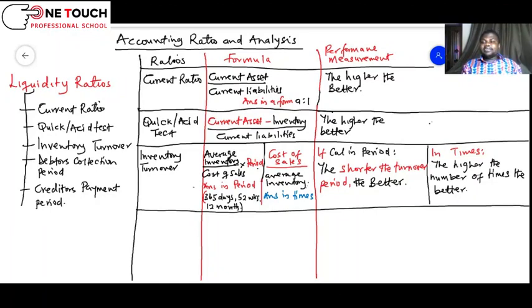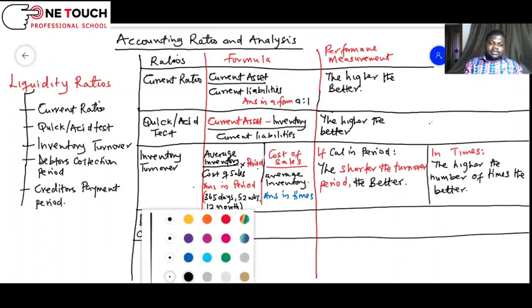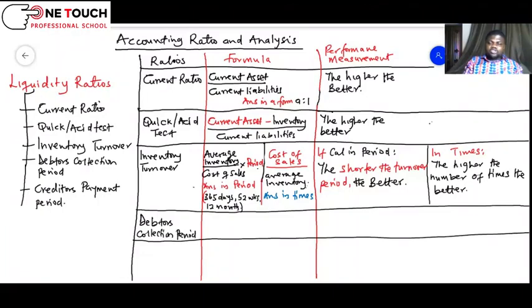Debtors collection period. Under the debtors collection period, we are just looking at average debtors. So when we talk of average debtors, we are looking at opening debtors plus closing over 2.